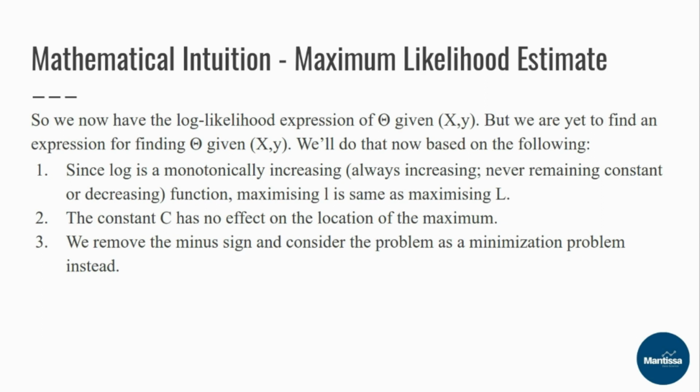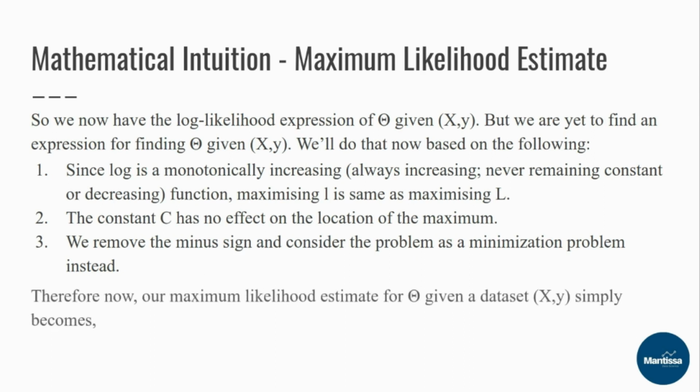So this allows us to model the problem as a minimization problem instead of maximization problem by removing the minus. We're just changing the direction of the way we wanted to solve the problem now. So we are going to use these three things, and we're going to base our further analysis on these 3 points.